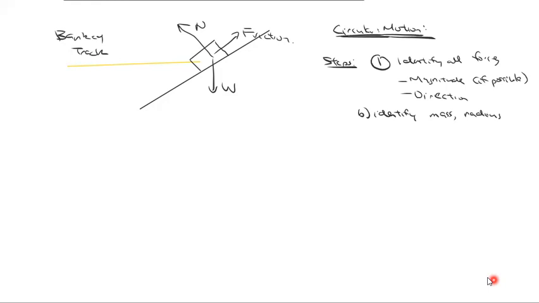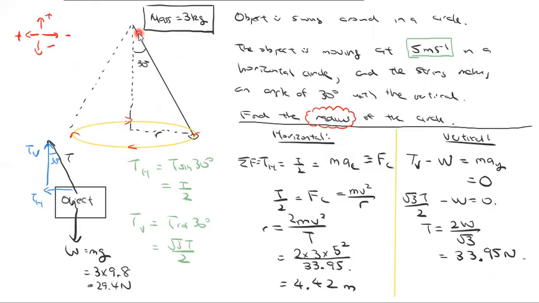Now, a common mistake, a lot of the time the question might tell you, for example, the length of the string is 10 meters, say. And a lot of people then think that's the radius of the circle. So that's a common mistake.